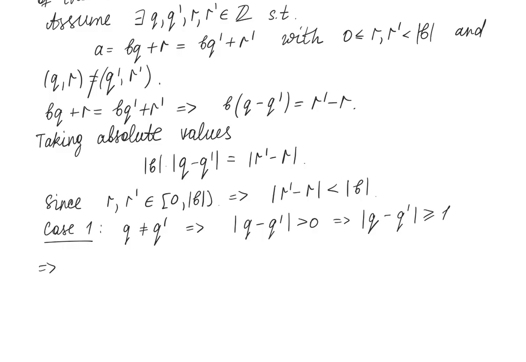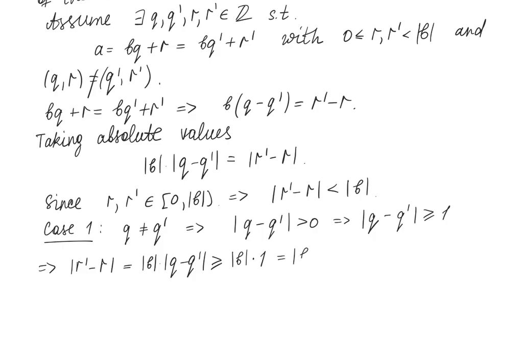That's why now we have r prime minus r, absolute value of b times q minus q prime, we already have it, and then this has to be greater than or equal to absolute value of b multiplied by 1, because we said that absolute value of q minus q prime is greater than or equal to 1.